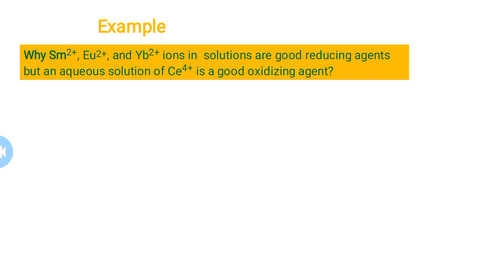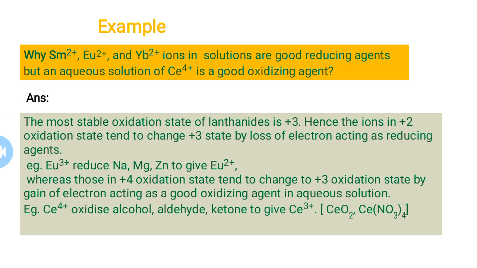Because the most stable oxidation state of lanthanides is 3+. Hence the ions in the +2 oxidation state tend to change to the +3 state by loss of one electron, acting as reducing agents.